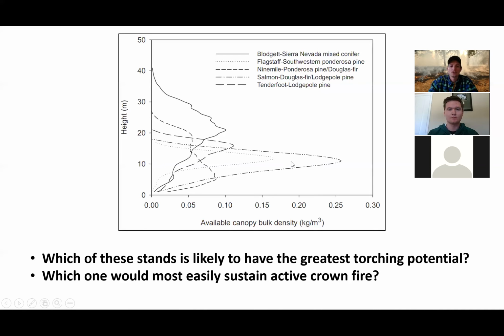We might just shrink it back towards maybe the Flagstaff curve, so it would be the exact same shape, but maybe our peak is now down here somewhere lower. So maybe we haven't necessarily changed the torching potential because we did a crown thinning, but we've changed the potential for active crown fire by doing that.